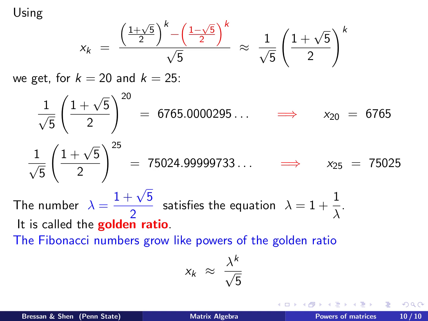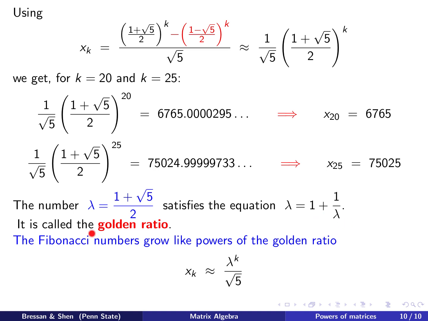Okay, so we see that the Fibonacci numbers increase with a ratio that is just one of the eigenvalues, lambda, which is (1 plus square root of 5) over 2. That's the ratio that increases. And this ratio satisfies the equation lambda equals 1 plus 1 over lambda.